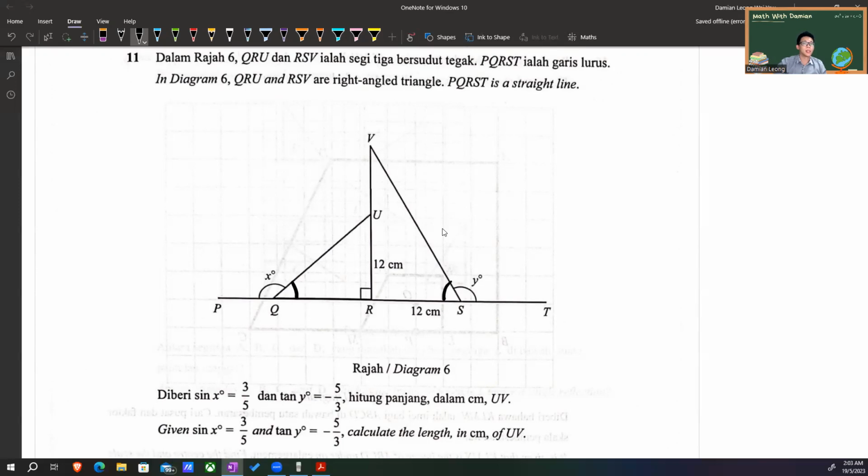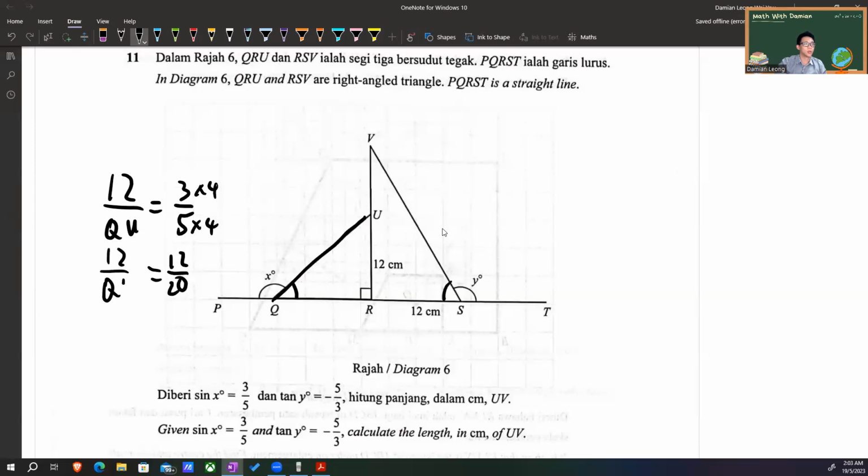So sine is opposite over hypotenuse, means 12 over hypotenuse QU equals to 3/5. Yeah, so I want to find QU. I can change 3 to 12, times 4. So 5 also times 4 becomes 12/20 is 12 over QU. Means Q to U is 20.